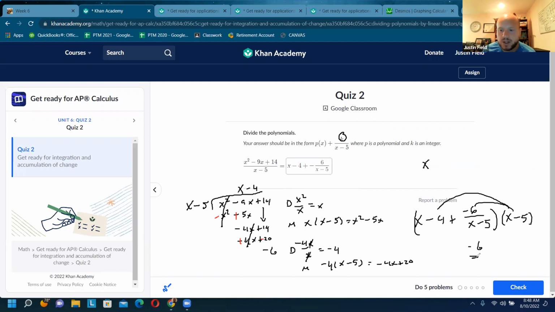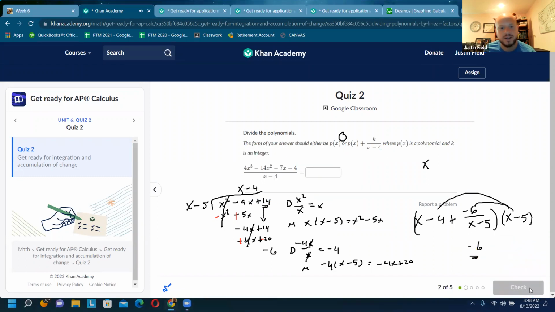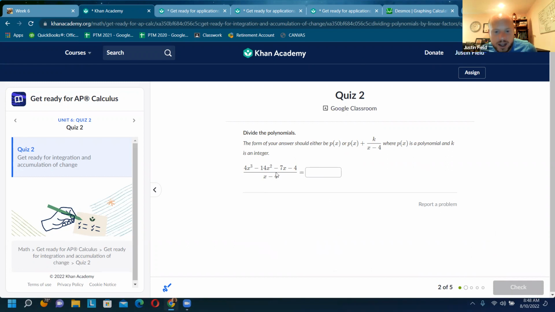But then when you subtract 6 from 20, you end up with 14. It all works out. So I just checked my division by multiplication. Now I can be so confident. And again, they didn't give me any missing exponents, which is nice.